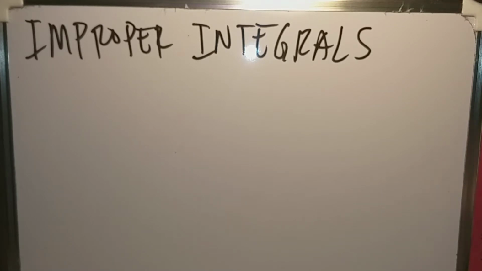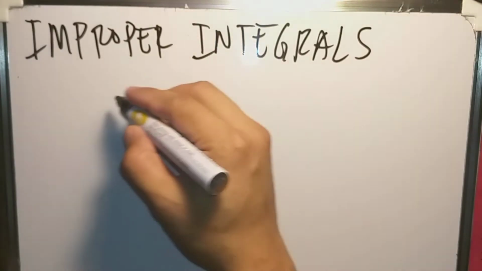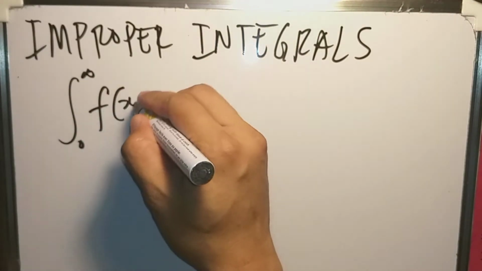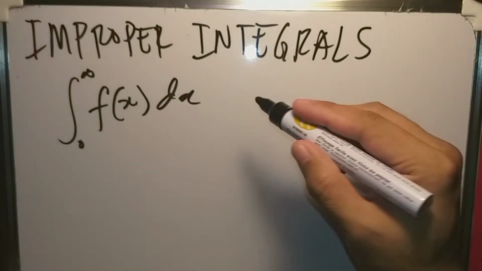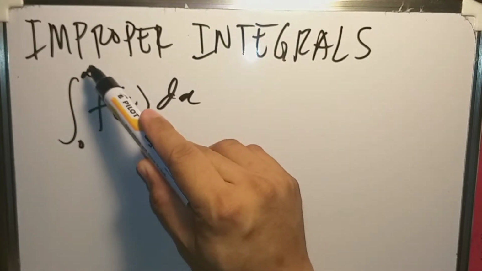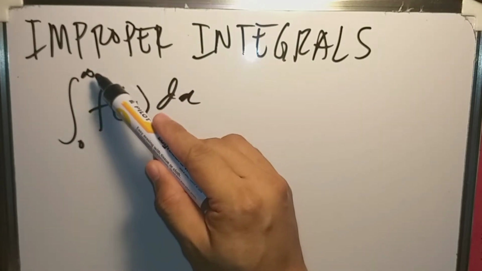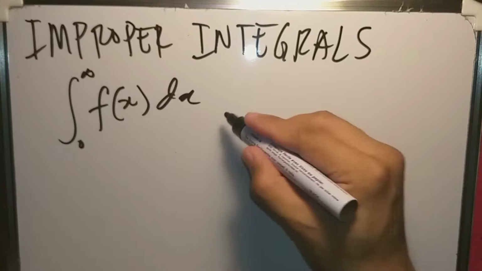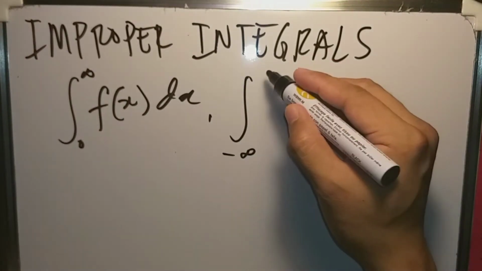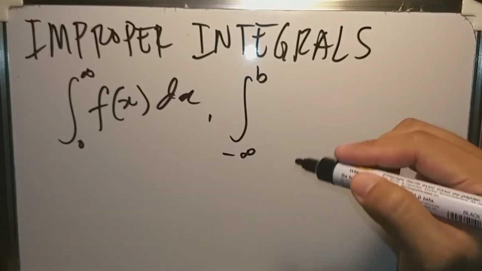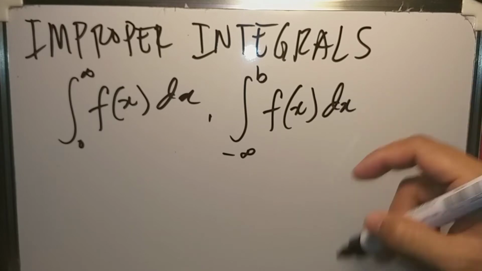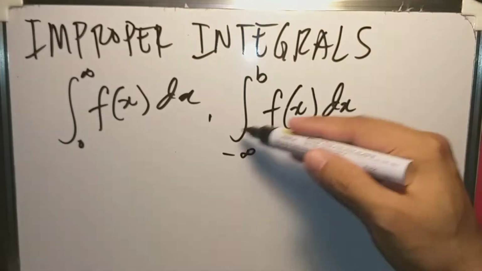Now, improper integrals have the form integral from 0 to infinity of f of x dx, where the upper limit is not finite. You also have integral from minus infinity to b of f of x dx, where the lower limit is not finite.